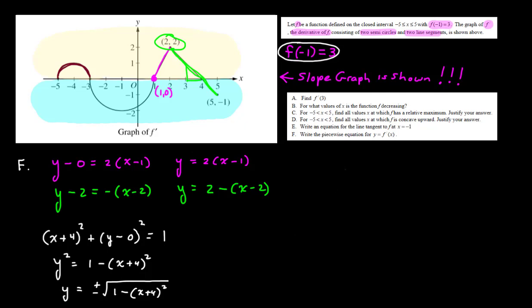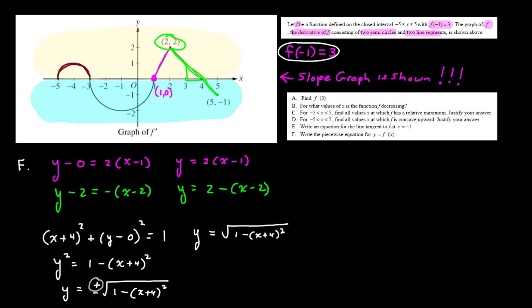I don't want the complete circle. I want the semicircle, or half of the circle. And since I have the upper half of the circle, I need the plus version of it. So this burgundy semicircle has the equation y equals positive square root 1 minus quantity x plus 4 squared.